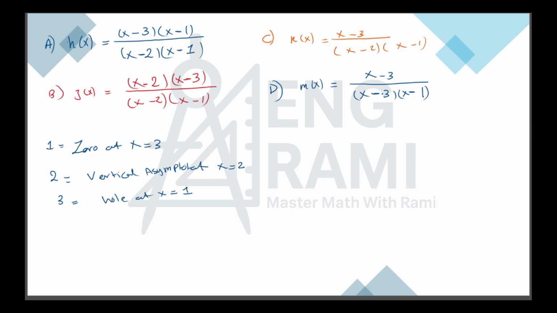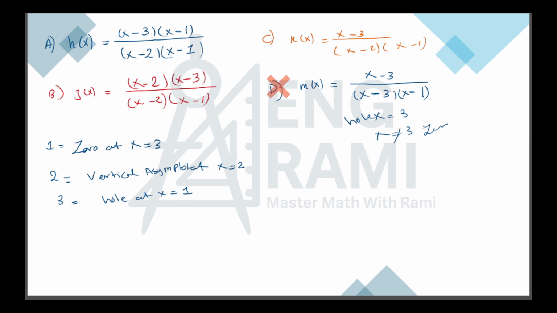That means we have a hole at x equals 3. It is a hole, not a zero. So we can eliminate the first choice.